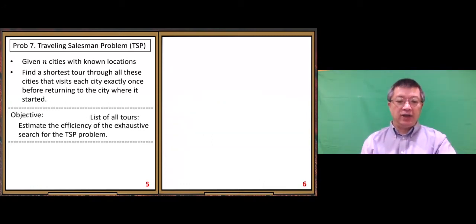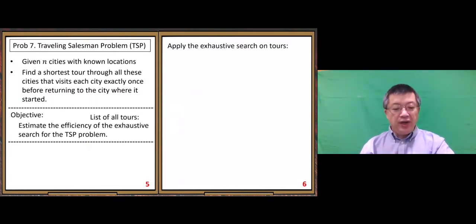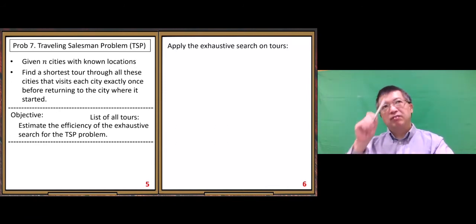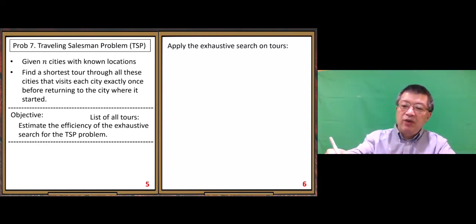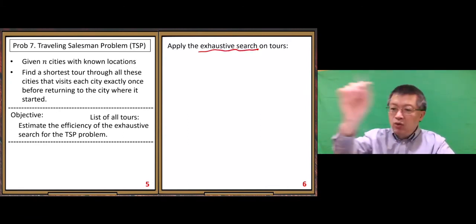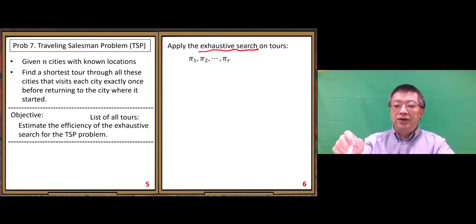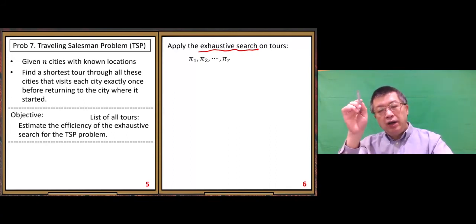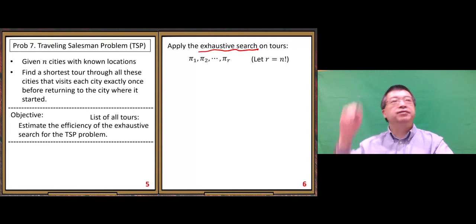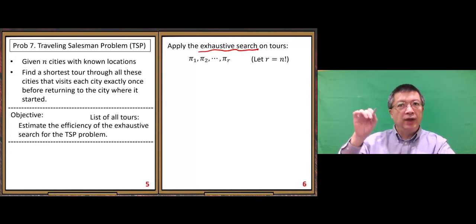To solve that problem, we need some tool to help us. First, because we applied exhaustive search, let's exhaust all the tours in our symbols: pi 1, pi 2, ..., pi r, where r equals n factorial.